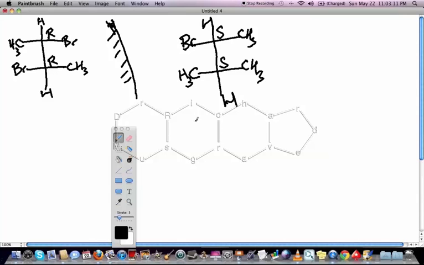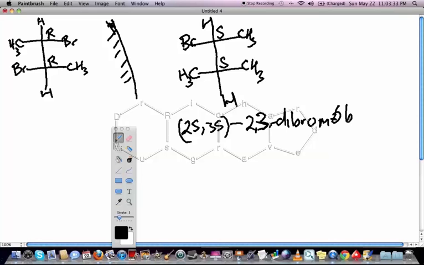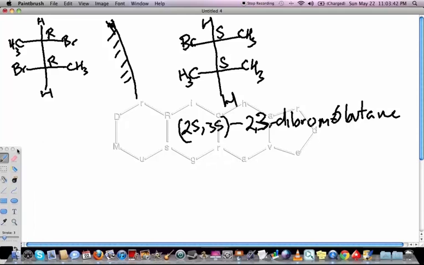Now the name would be 2S, 3S, then everything we had before, the 2,3 dibromobutane. The next part of this is we need to find a diastereomer.